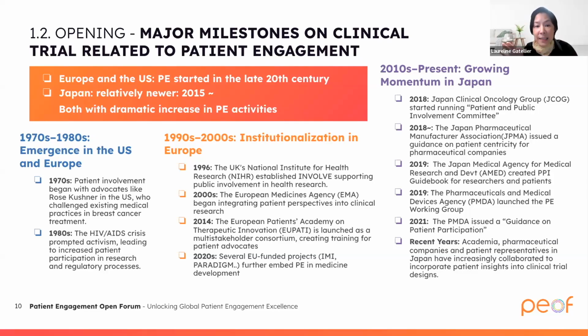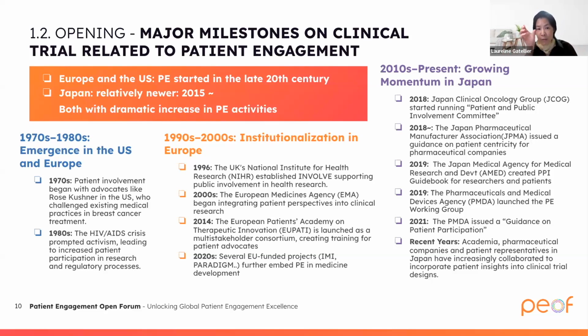Later on in the 90s and 2000s, more and more was happening in Europe, like in the UK, involving Evolve, supporting public involvement in healthcare. Then you have also EMA, the European Medicines Agency, that got involved, integrating patient perspective in clinical research. In 2014, EUPATI, the European Patients' Academy on Therapeutic Innovation, allowed to officially train European patients to become patient experts. And then more and more is happening in the 2020s.